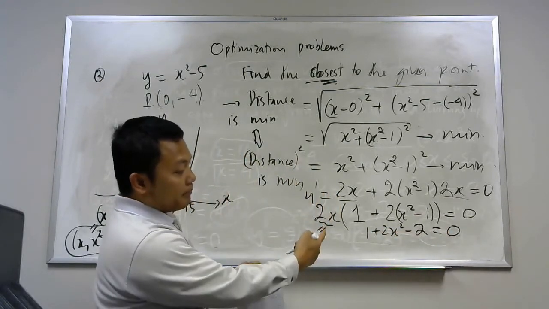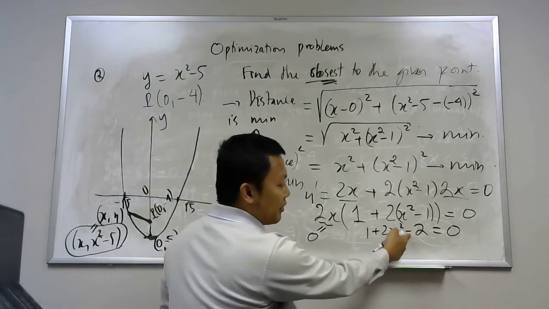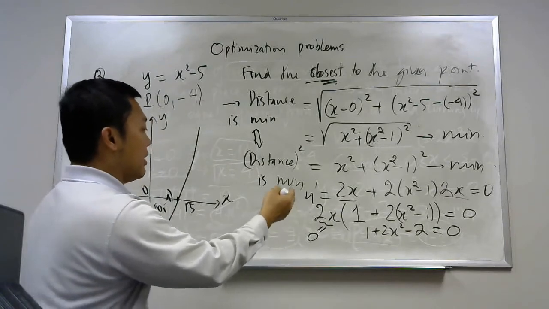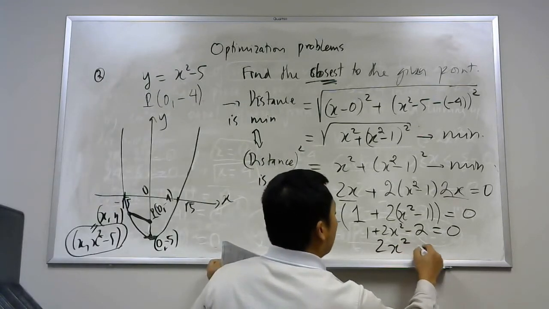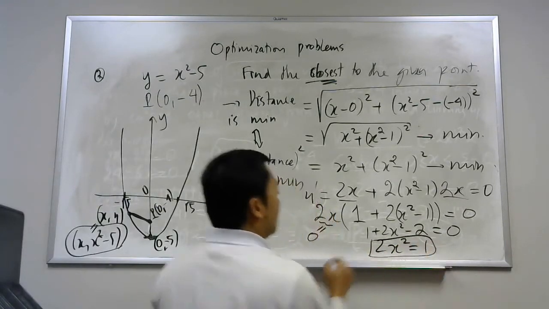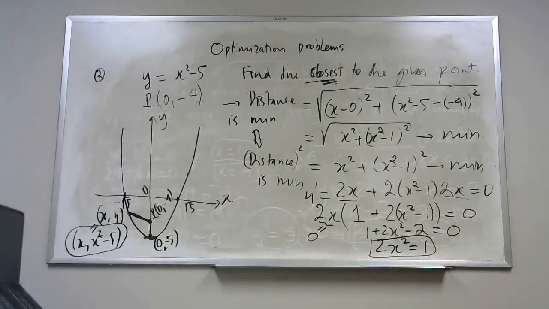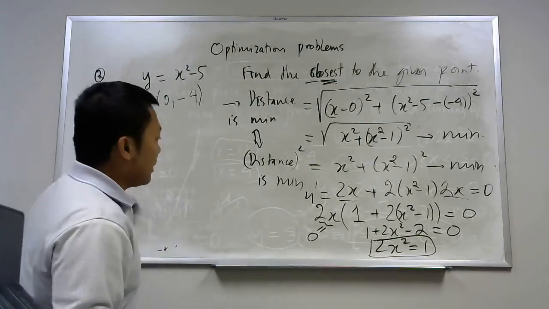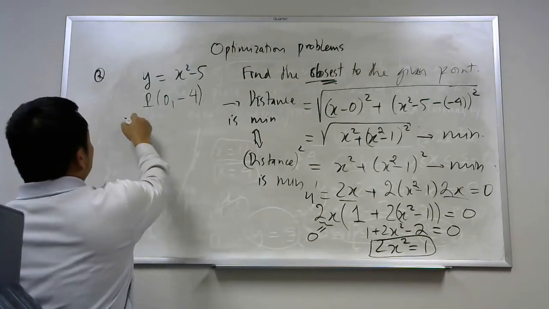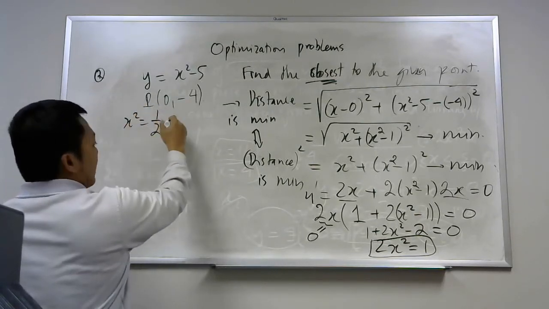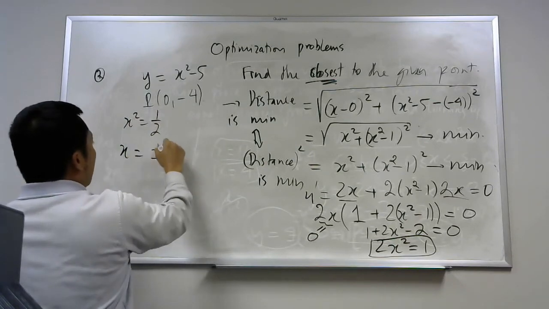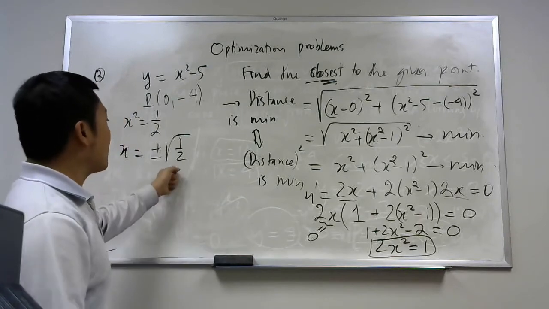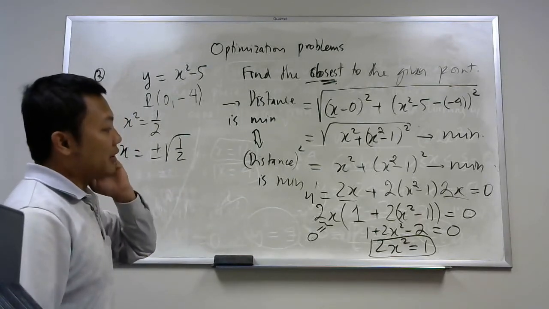So basically 1 with -2 is -1, and I bring it to the other side, I get 2x squared equal to 1. So x squared equals 1 over 2, and then x equals plus or minus the square root of 1 over 2.